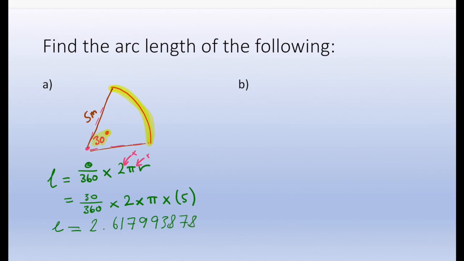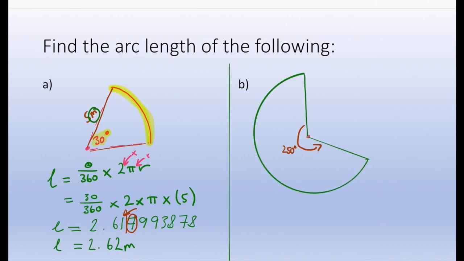That looks like a really big number, so I'm going to do it to 2 decimal places. My critical value is 7, and that's 5 or higher, so that means that the 1 will turn into a 2. So I get the arc length will be 2.62, and our units are meters. All right, so that's that one there.